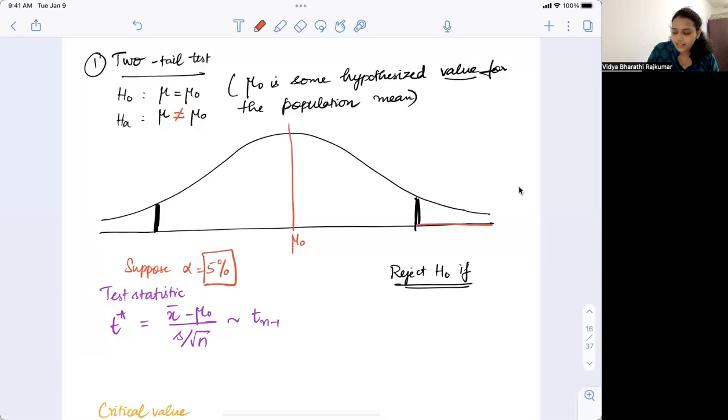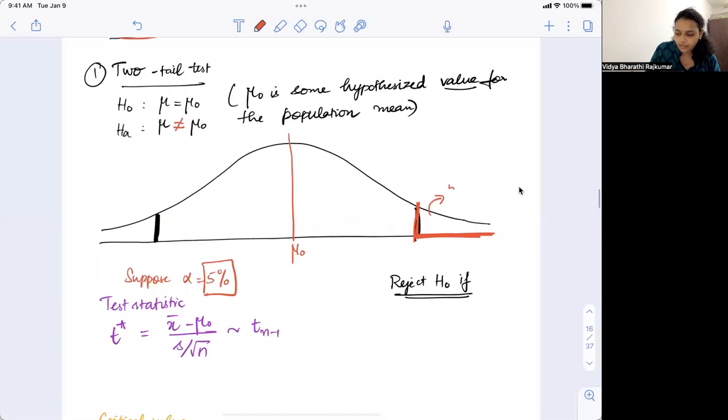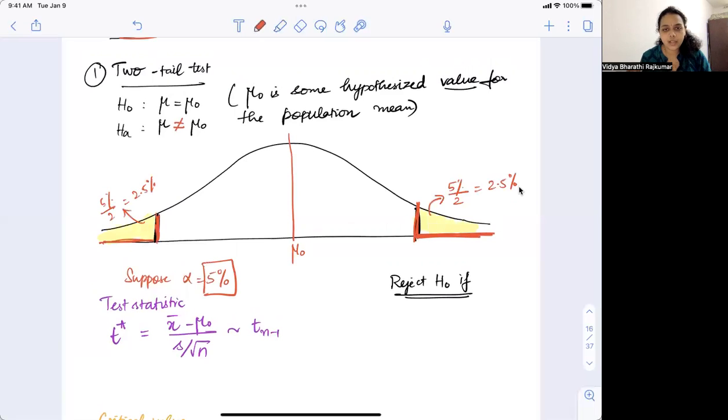And I'm going to divide it in such a way that the area to the right of the specific threshold is about 5% by 2 or 2.5%. And the area to the left of a specific threshold is 5% by 2 or 2.5%. So this region that I've shaded in red, I'm going to call that my rejection region.